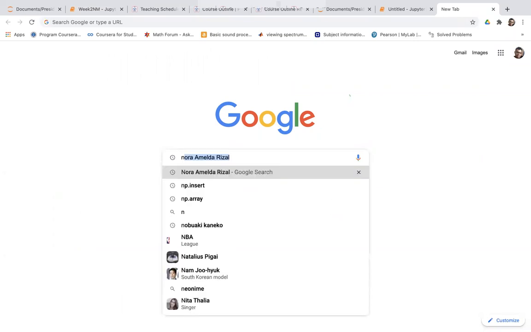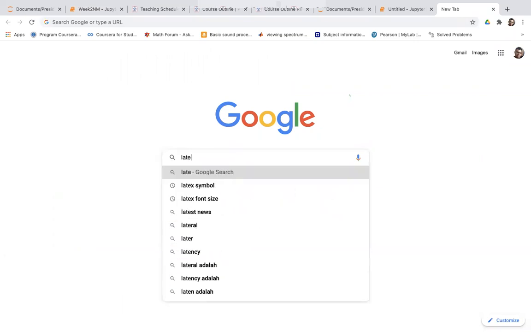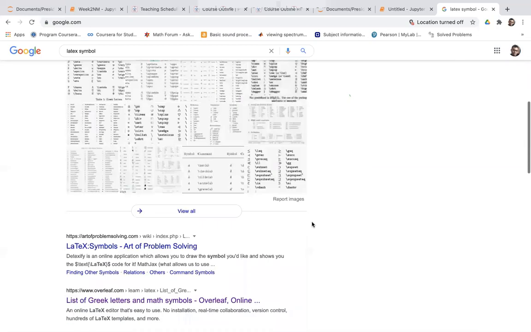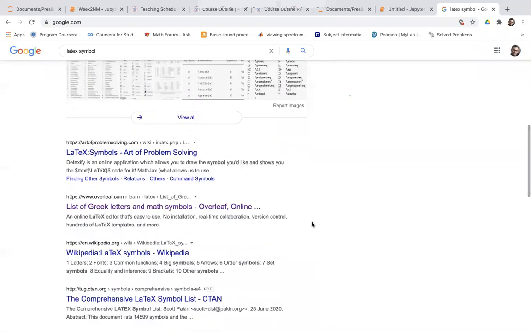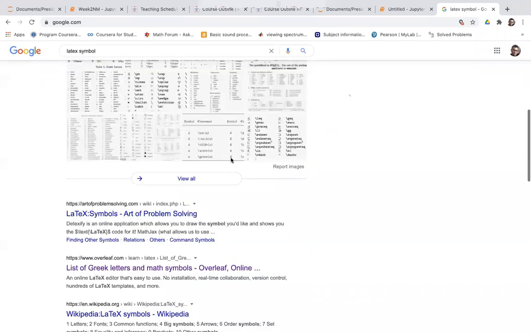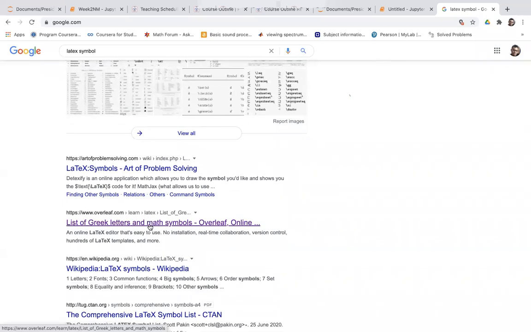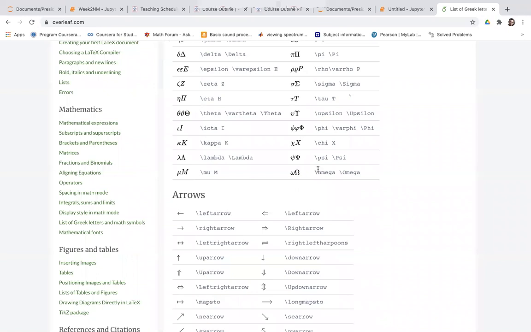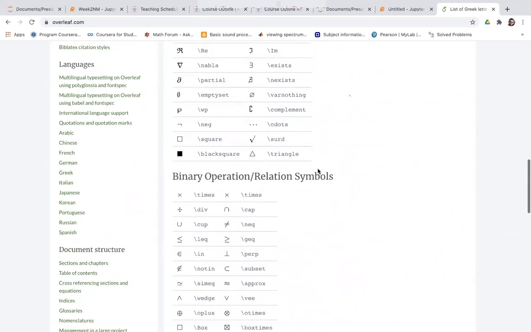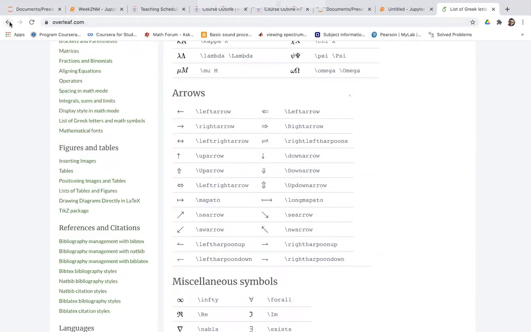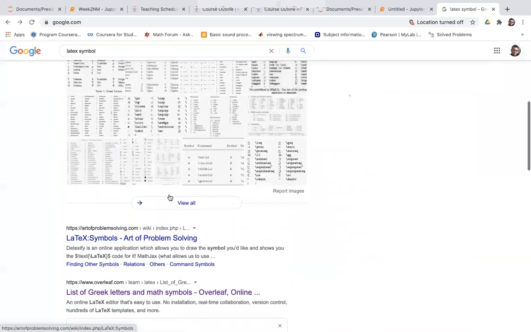Yeah, let's say LaTeX symbol. It will give you the following result. Look at this, you have many results in here. One of the good ones is the following, Overleaf. You see, it gives you the mathematical expressions that can be applied in the IPython notebook, or you can find them from other sources.